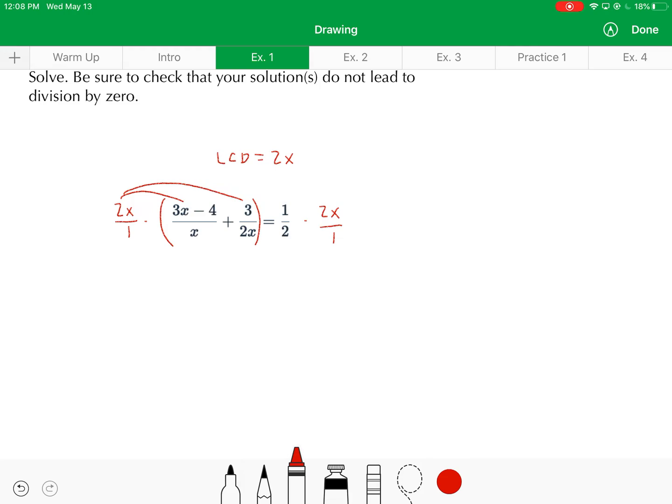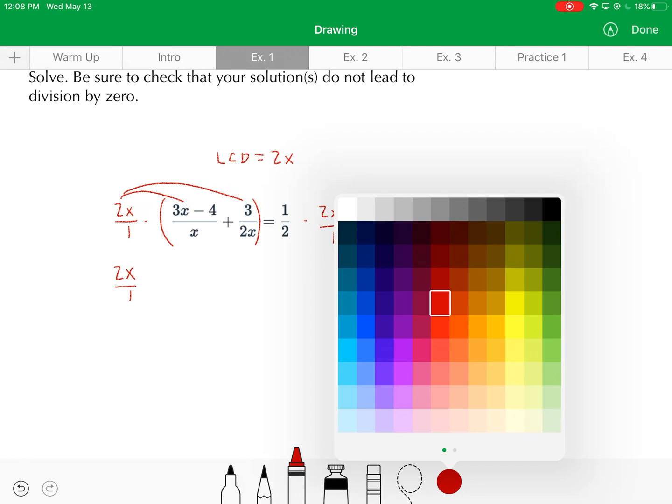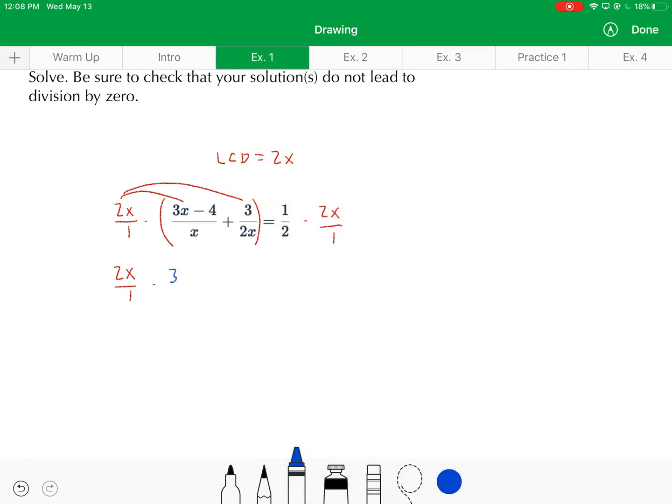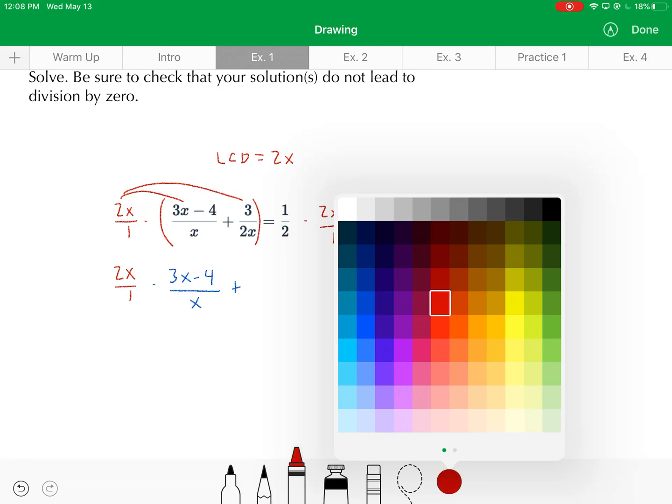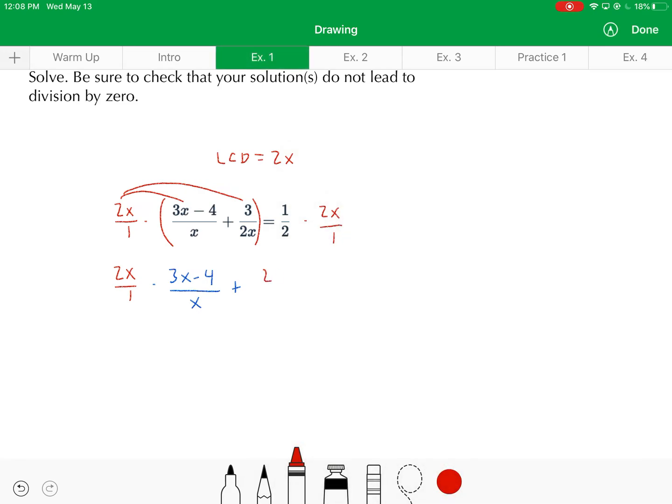So here's what that setup will initially look like. I'll have the 2x over 1 being multiplied by the first fraction of 3x minus 4 over x, and then plus that 2x over 1 again being multiplied by the second fraction of 3 over 2x.